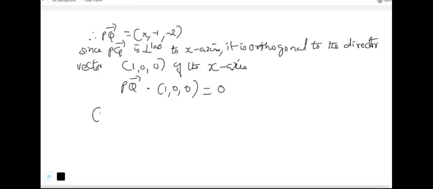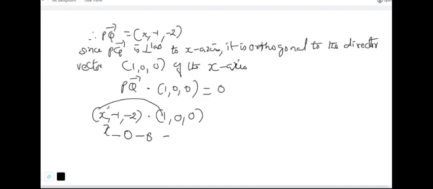So here we get (x, minus 1, minus 2) dot (1, 0, 0). We take this as a dot product, taking only the numbers: x into 1 is x, then minus 1 into 0 is 0, minus 2 into 0 is 0, equal to 0.